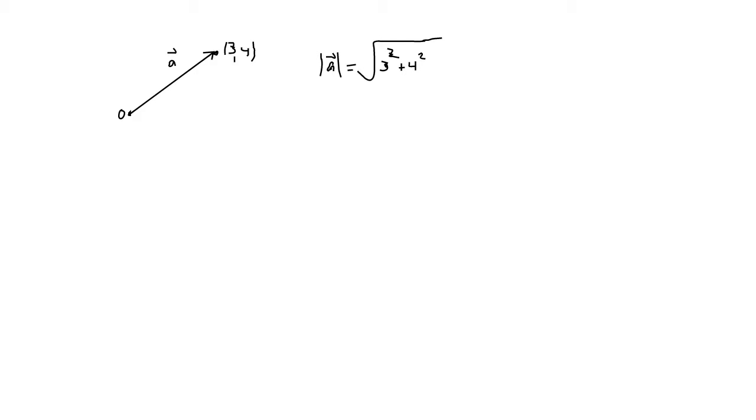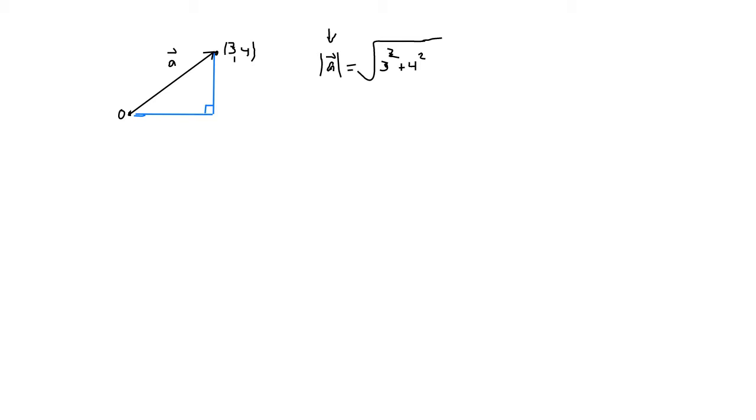The magnitude of A, that's the length of A, and that would make sense, because if you do this and you form a right triangle, what is the magnitude of A?